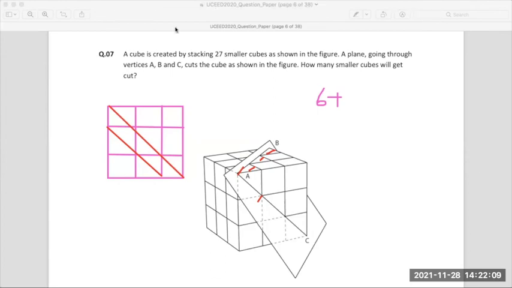When you go in the middle part, when it cuts from this edge till that edge, how many cubes are getting affected?